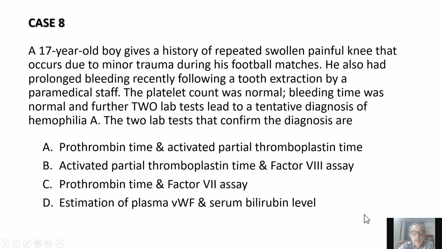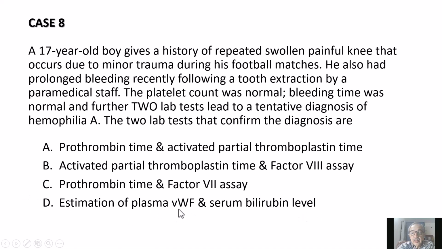Estimation of plasma von Willebrand factor is a partial answer, but serum bilirubin level need not be tested because there is no indication of hepatic failure. Only factor 8 is involved, so it's not a failure of the liver to synthesize clotting factors. Other factors would also be affected.